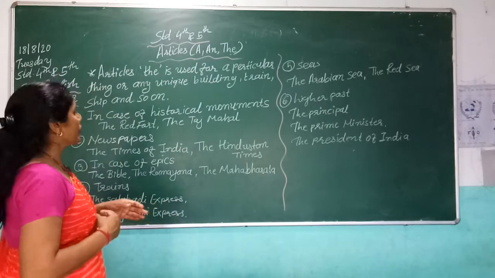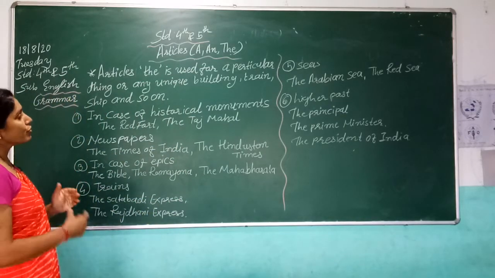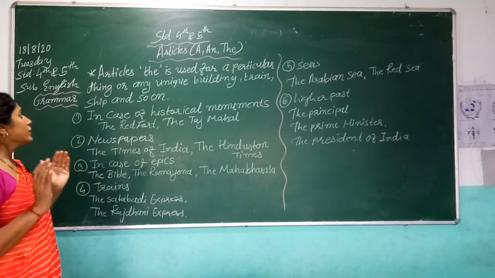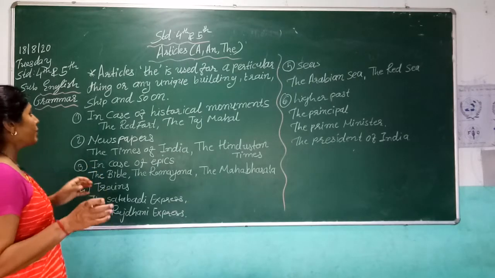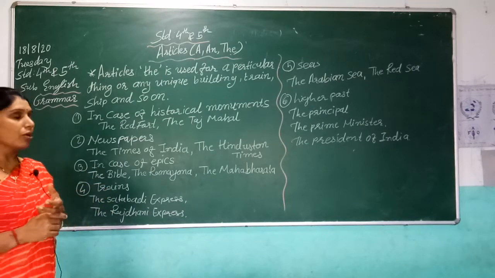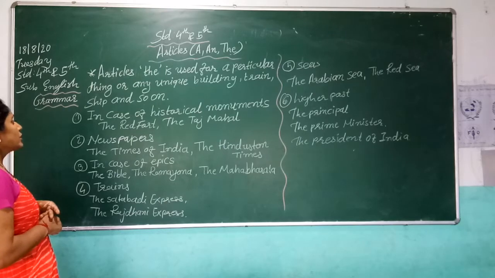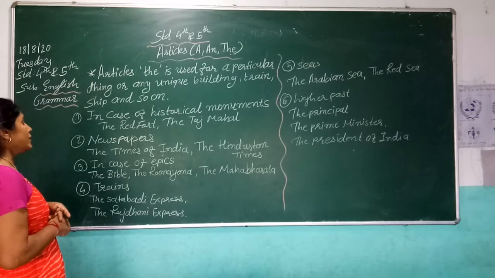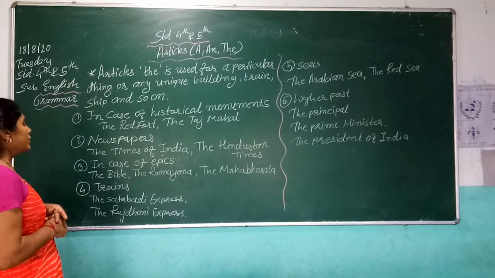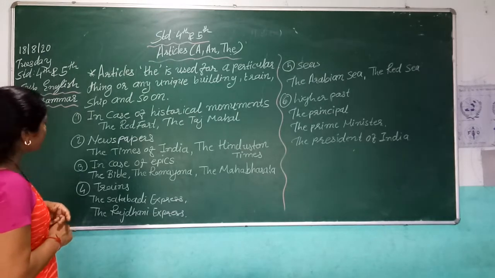Then we revise it. The article the is used for a particular thing or any unique building, train, ship, and so on. In case of historical monuments, the Red Fort, the Taj Mahal. In case it is a newspaper, the Times of India, the Hindustan Times.